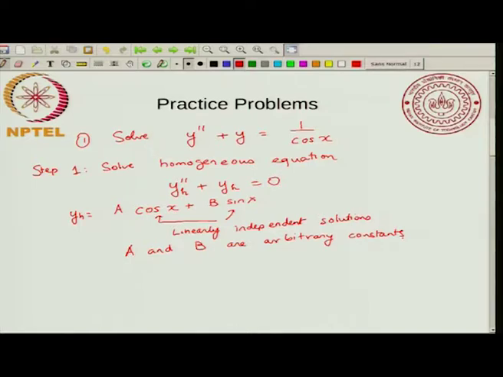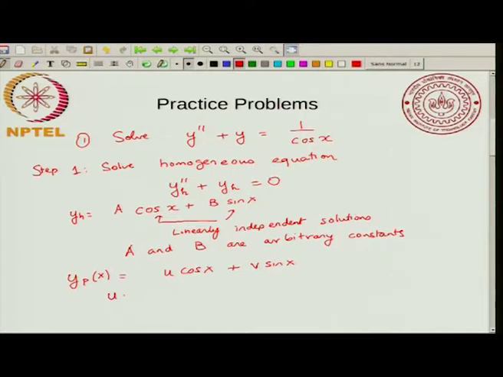Now for the solution of the non-homogeneous equation, we will write y_p of x is equal to u cosine of x plus v sine of x, and you know how to calculate u and v.